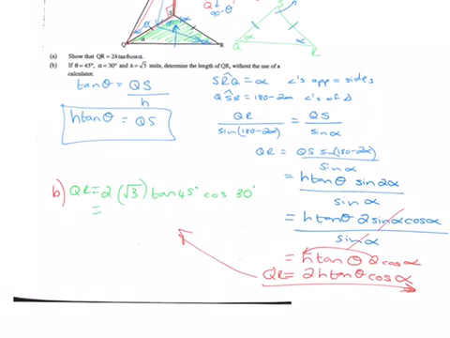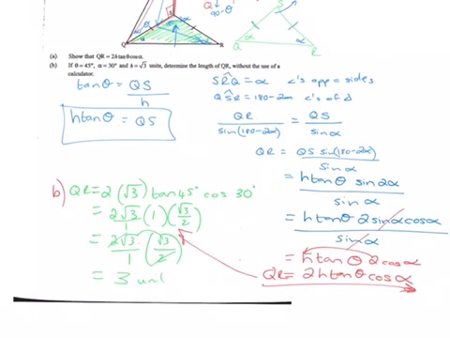All right, so then we are working with 2 root 3 times by 1 times by root 3 over 2, which is nice because then we have 2 over 1 times 1 is 2 root 3 over 1 times root 3 over 2. And so then those 2's cancel. Root 3 times root 3 is 3 units. All right, so that's it, worked out.